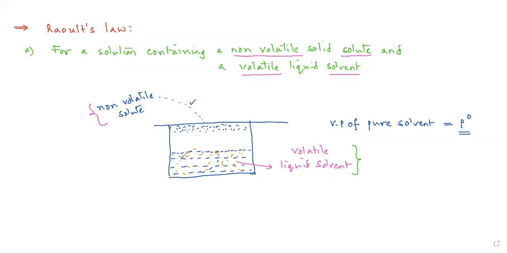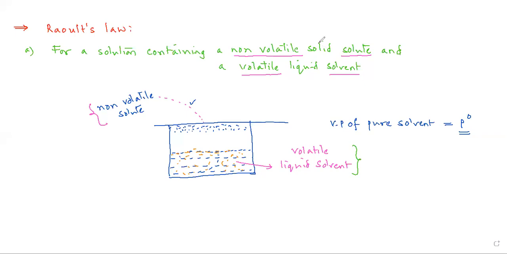While doing so, they replace some of the solvent molecules on the surface. Right? Now, because some of the solvent molecules on the surface got replaced by the non-volatile solute, what happens?